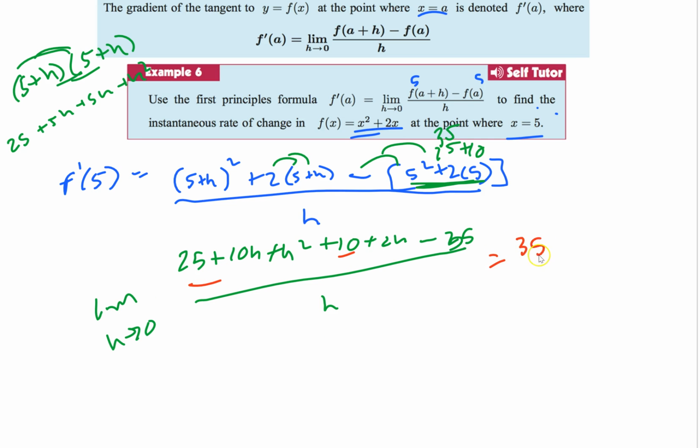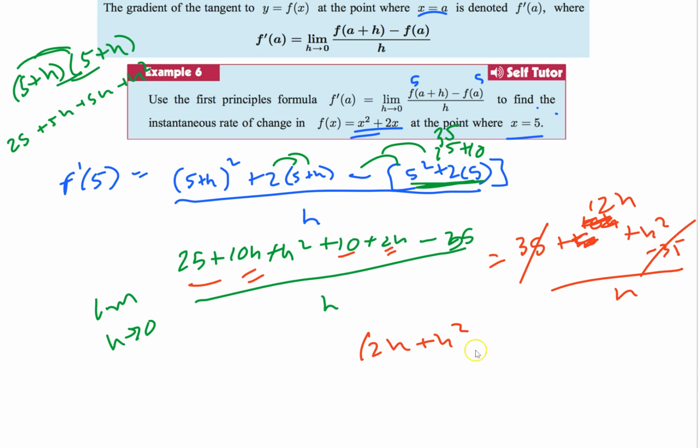I get 35 plus 10h plus h squared plus 2h, I get 12h because of these two, minus 35. I know it looks like a mess, I'm sorry. The whole point is 35 and negative 35 cancel out, and you're left with 12h plus h squared all over h, the limit as h goes to 0. I cannot plug in 0 yet, right? So you factor it.